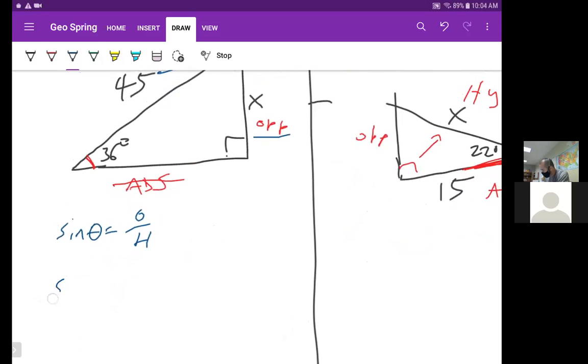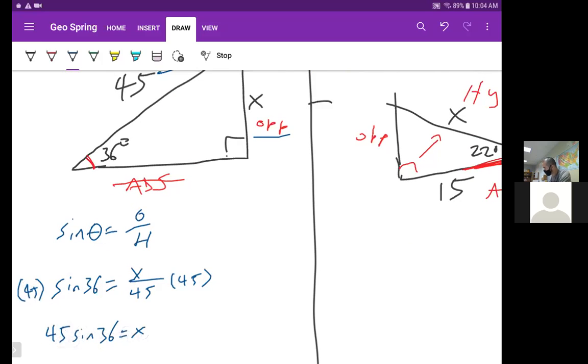So it's sine of 36 equals, opposite is x, hypotenuse is 45. So in this case, all you have to do to get x by itself is multiply both sides by 45. So it's 45 sine 36 equals x.